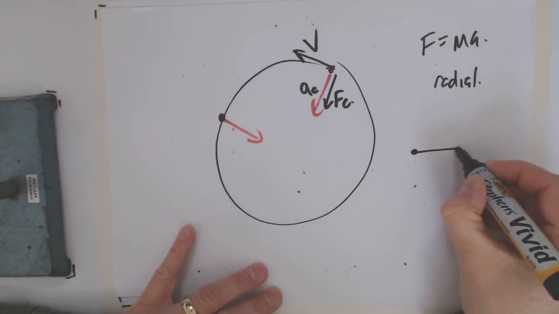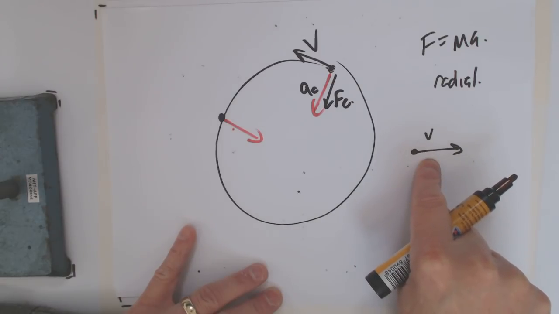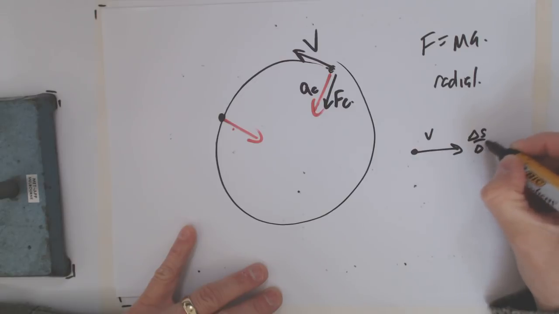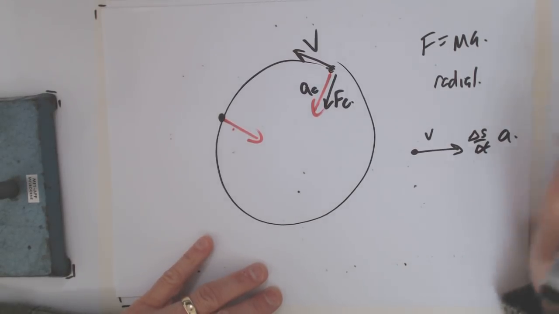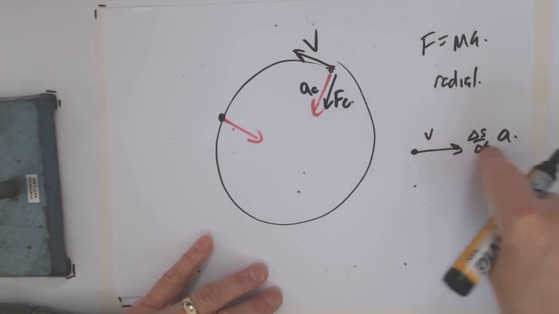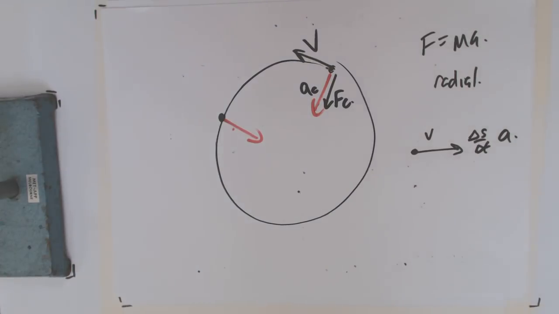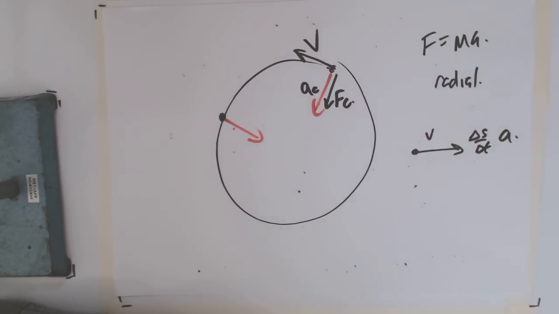Let's think about the other types of acceleration. If an object's just moving along with a velocity, if that vector keeps changing length, not direction, then we have delta s over delta t, a change in speed over change in time. Then we have an acceleration. That force is in the direction that the velocity is, not at 90 degrees. So it's not a centripetal force that would produce that acceleration.